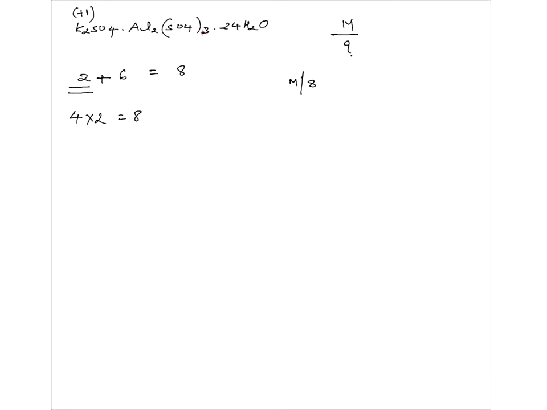So how do we do it? Well, equivalent weight is m upon something. What is that something? Total charge on anionic part or total charge on cationic part. Whichever you like, cationic part or anionic part. I think cationic part should be simple to handle.